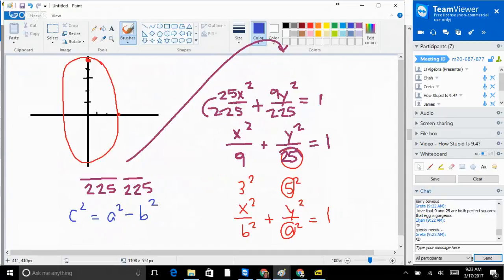Okay, so a squared is 25, and b squared is 9. So 25 minus 9 is 16, right? c squared equals 16. Oh, another perfect square. That means c equals 4. So my focus points are at 0, 4. They're like right here and right down here.